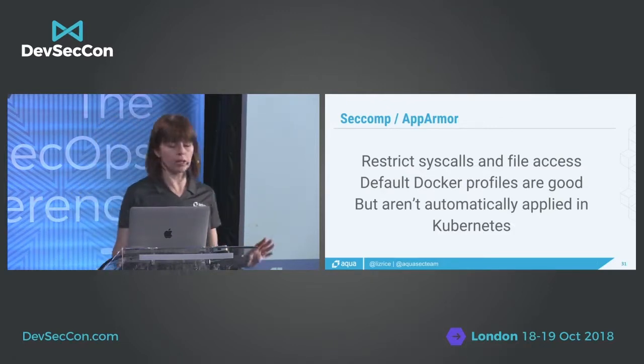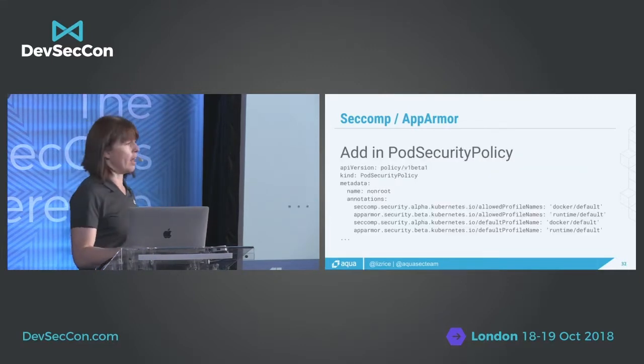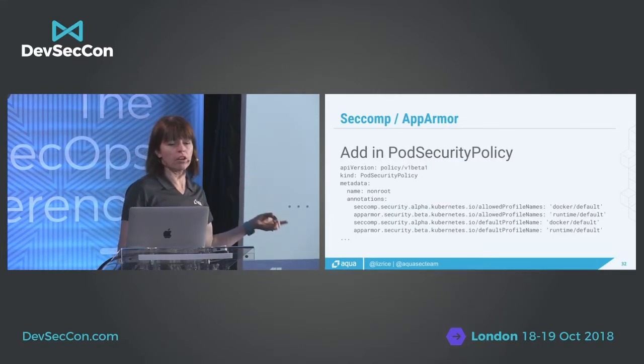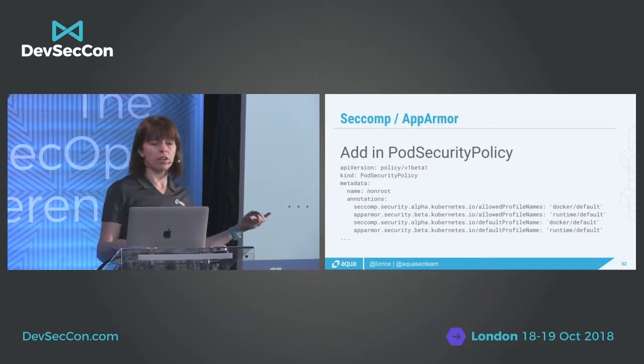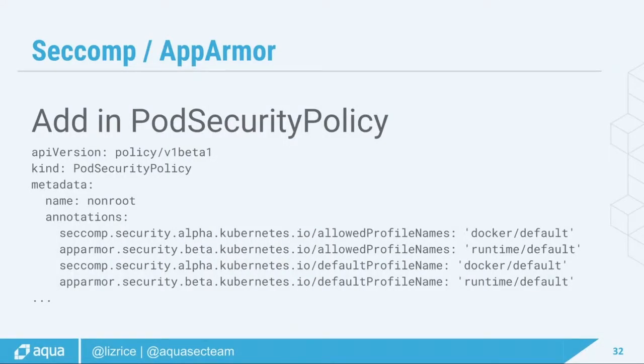No, it doesn't automatically pick them up. You have to explicitly specify the Docker seccomp and AppArmor profiles in annotations, like I've done here in a pod security policy. So this is another really small but useful thing that you might want to do if you're running Kubernetes.